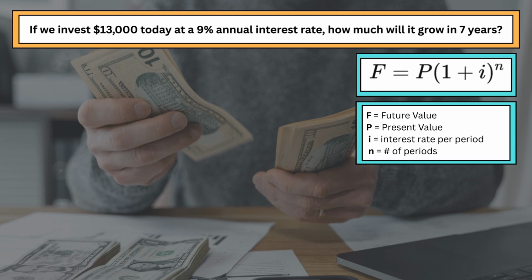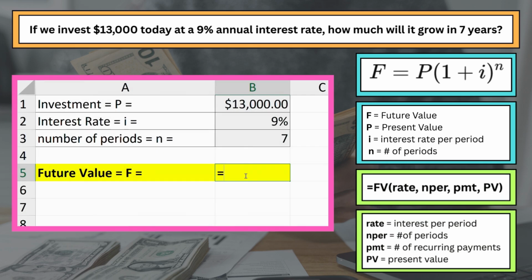Excel makes solving this formula easy via the following FV function. Equals FV(rate, nper, pmt, pv). Here, rate equals the interest rate per period, 9%. Nper equals the number of periods, 7 years.